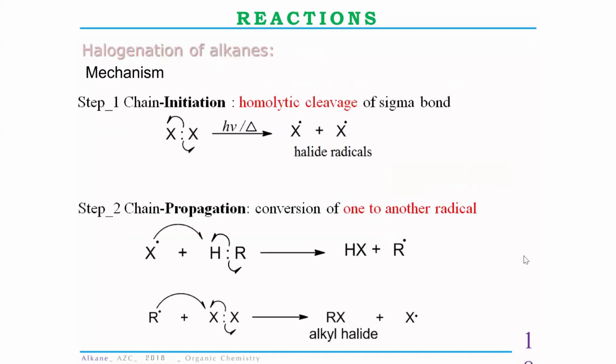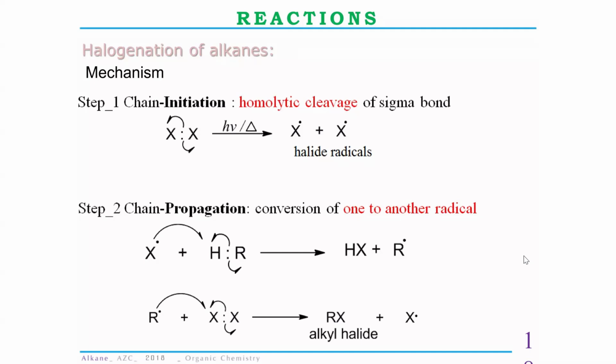In this halogenation, there are mechanisms. First, there is chain initiation, in which there is a homolytic cleavage of the sigma bond to generate halide radicals. Then we have chain propagation, which involves the conversion of one radical to another.